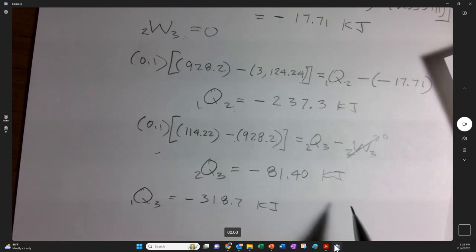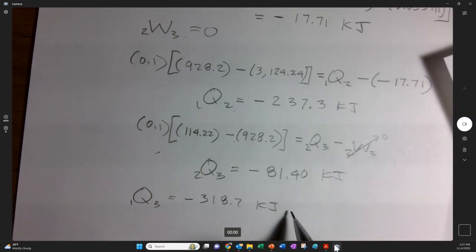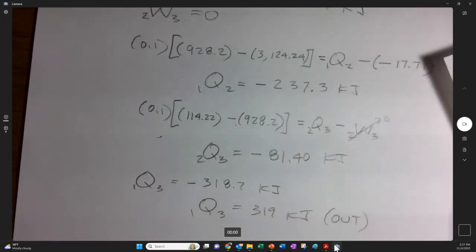And I'm hoping I got the right answer. And I did. Oh, they did ask for the one thing I forgot to do. So we could say that Q1 to 3 is going to be 319 kilojoules out. They did ask for the amount of work, and so that's the work.